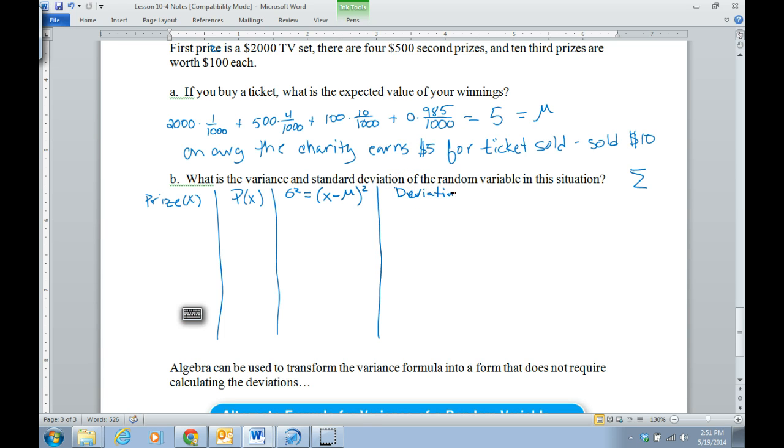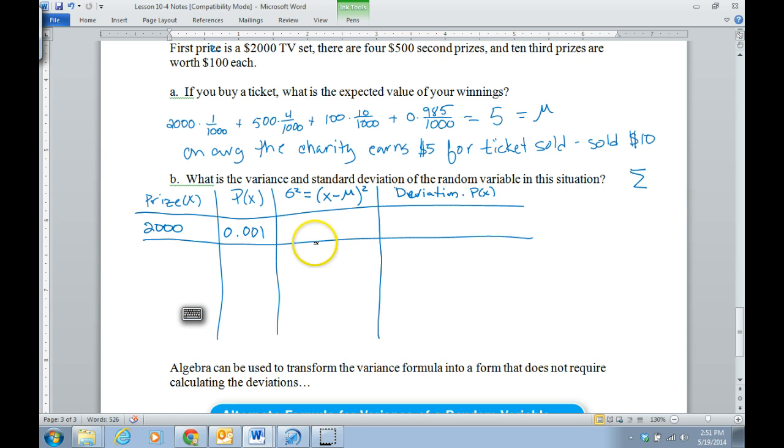Then deviation times the probability. Okay. So our first prize was what? 2,000. Our probability for getting first prize was 0.001 in decimal form.